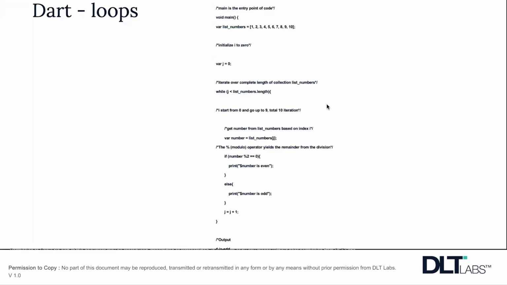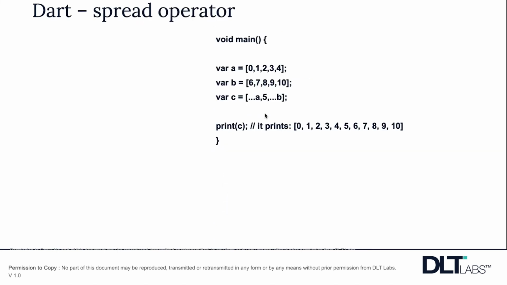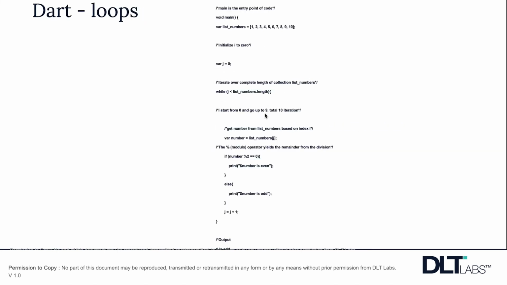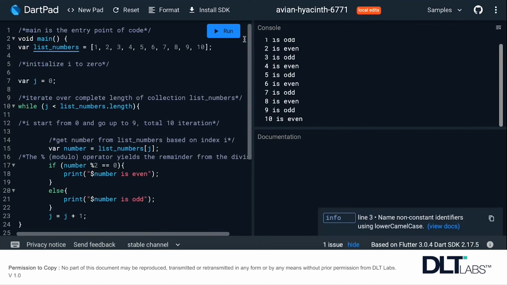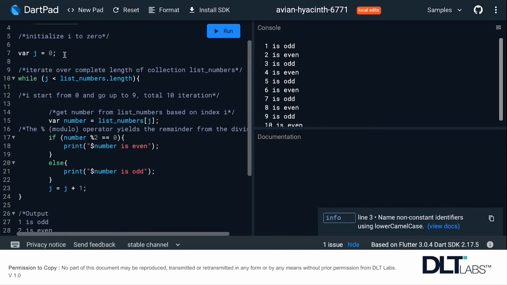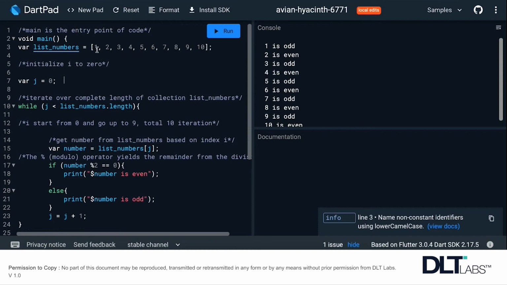Dart loops. So we have one more example of Dart loops. We can still see here. So we have a list of numbers and we want to get odd and even numbers. So we can initialize a variable j from 0 and we will iterate over all the numbers from 0 up to 10.